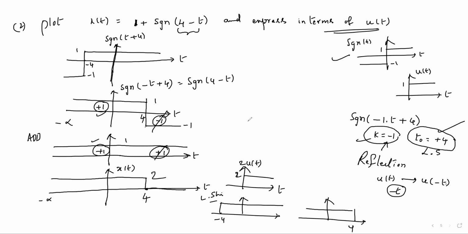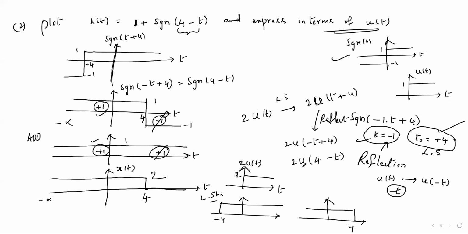And what is the expression we will get? 2 u of t. After left shifting, we will get 2 u of t plus 4. And after scaling or reflection, you get 2 u of minus t plus 4, or 2 u of 4 minus t.